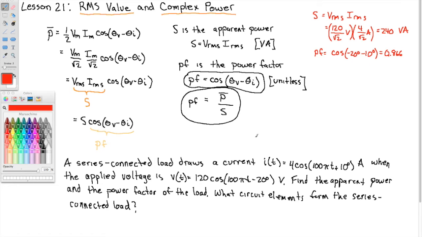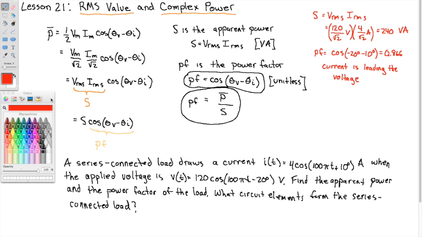And we're just going to note that the current is leading the voltage, see the 10 degrees. Current is leading the voltage. That'll become apparent very soon when we look at the series connected load circuit elements.